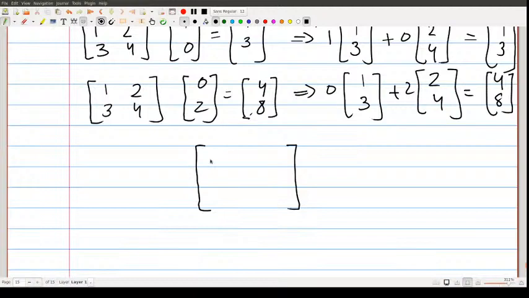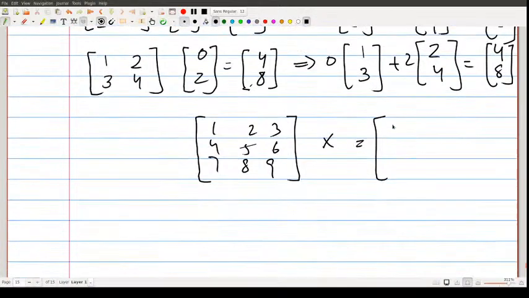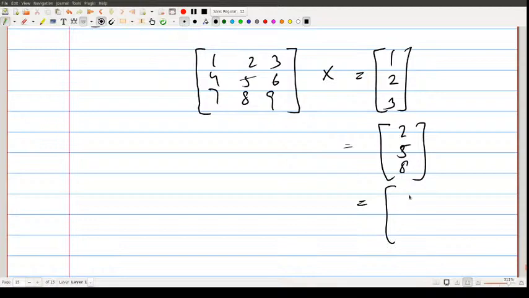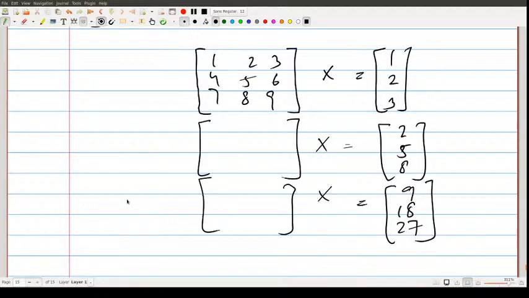So 1 2 3 4 5 6 7 8 9, and if you want to solve Ax equals B for different right hand sides, let's say 1 2 3, or 2 5 8, or 9 18 27, you can solve these 3 systems together.